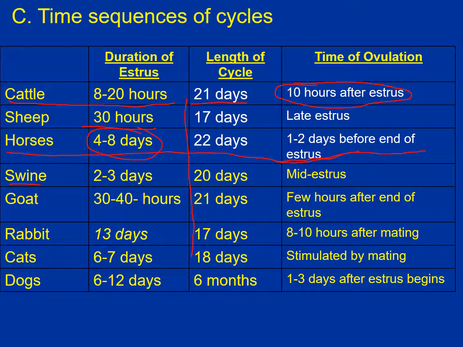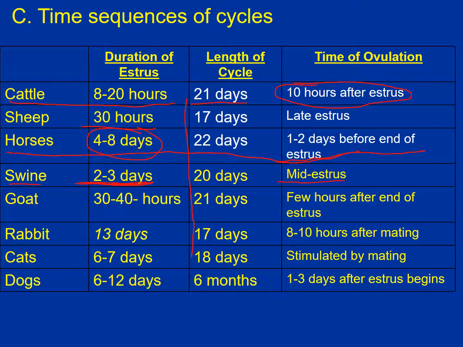Okay, pigs, duration of estrus 2 to 3 days, and they ovulate mid-estrus. So again, timing of that insemination can be a little bit difficult. What we generally do with pigs is we'll inseminate twice, 24 hours apart.